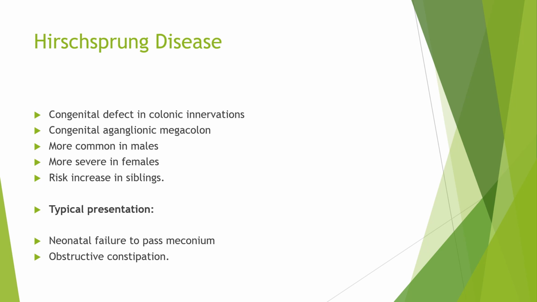It's more common in males, it's more severe in females, and the risk increases in siblings. So if you have one family member affected, the risk is increased in the other family members. The typical presentation for Hirschsprung disease is that the baby fails to pass meconium, neonatal failure to pass meconium. Meconium is the first stool that passes after delivery of the baby. So these patients either are delayed in passing meconium, or there is failure, meaning no passage at all of this meconium.